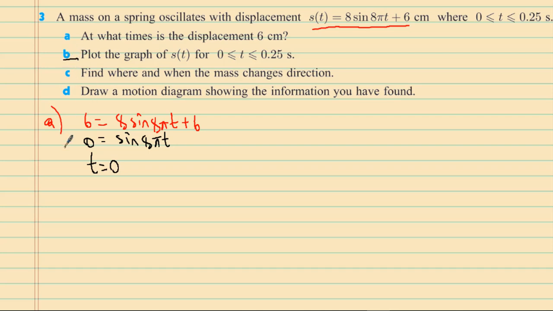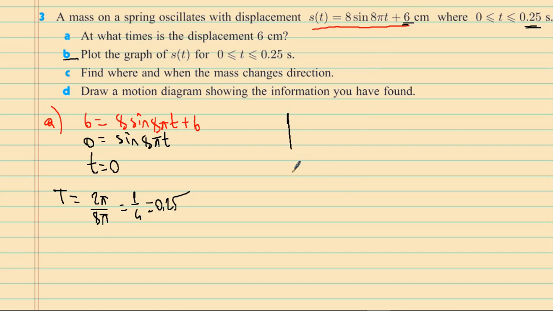Plot the graph. You can use your calculator, or roughly, we can see what the period is. The period will be 2 pi divided by 8 pi, so it will be 1 by 4, 0.25. Here again it's given between 0 and 0.25, so you have one full complete revolution. We know the maximum: it starts from 6, your principal axis, and the amplitude is 8.